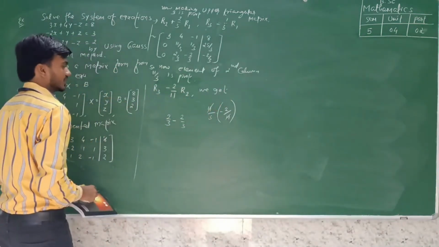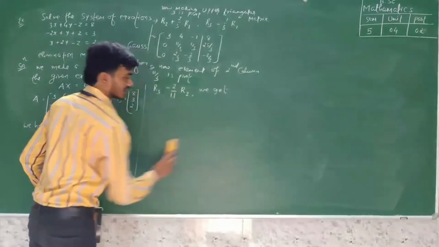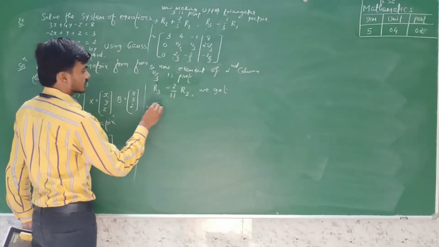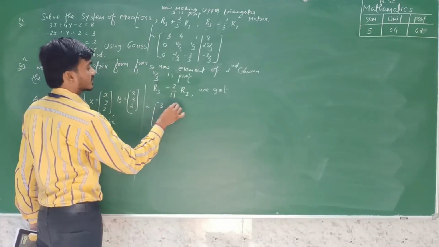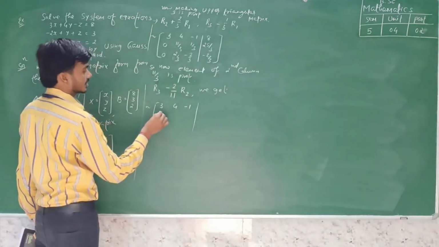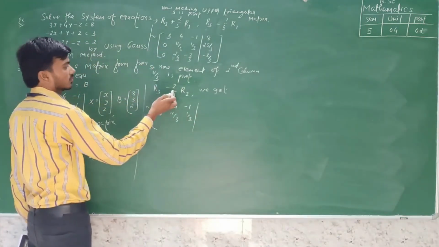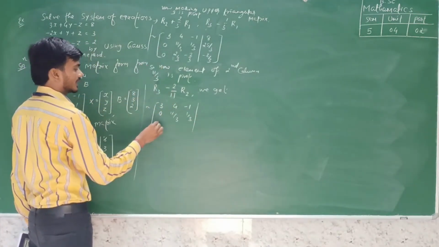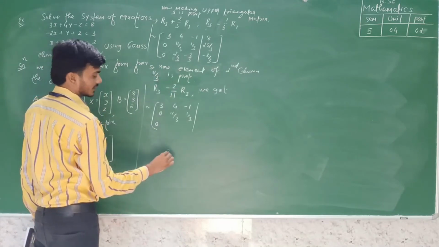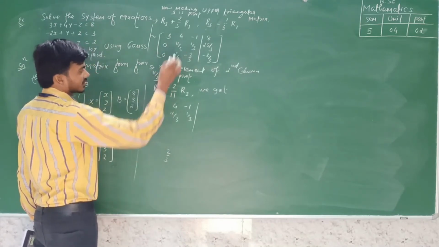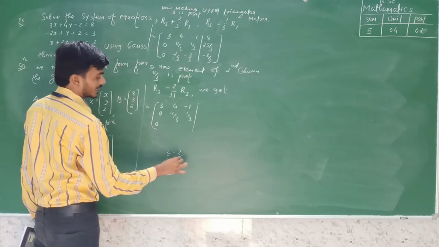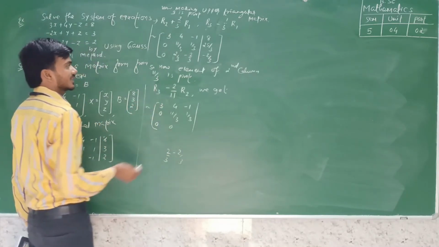So the changes are in the third row. The first row stays as it is, the second row stays as it is, and in the third row, 0 into minus 2 by 11, 0 will be added, so 0. Then 11 by 3 into minus 2 by 11 is minus 2 by 3, so this element can be 0.